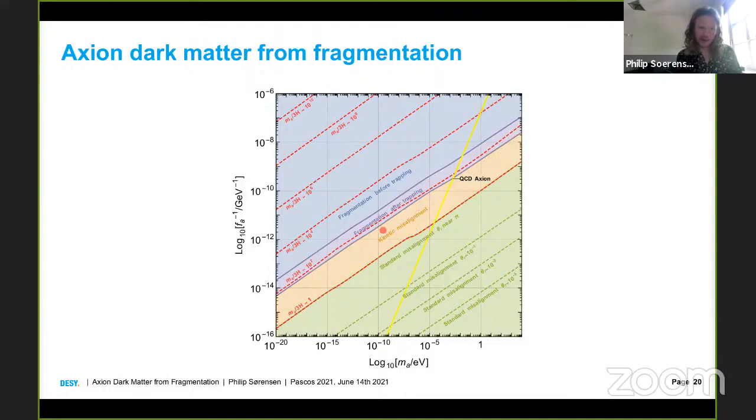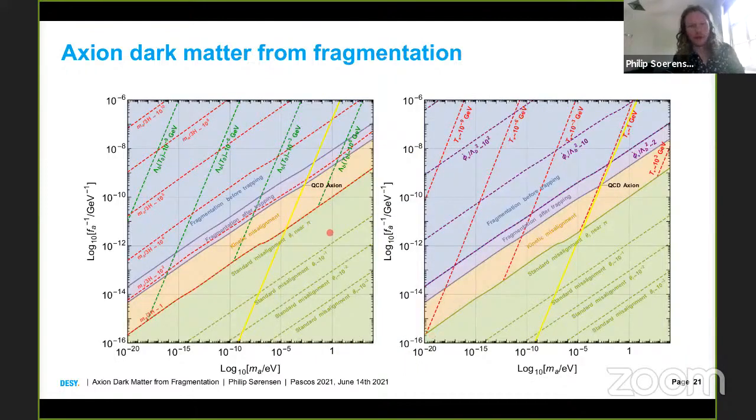You have a regime produced by kinetic misalignment, and then down here you must have standard misalignment. Just to give you a feel for how the parameter space looks here, I have some contours of some of the most important parameters. I have m over h, the barrier height.